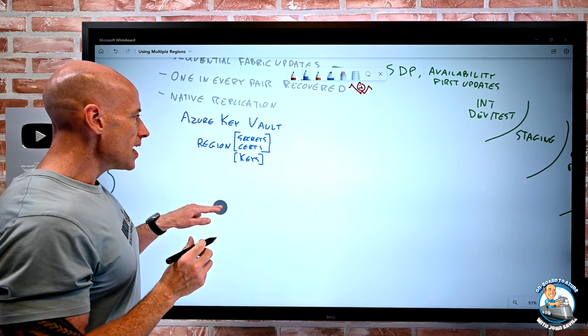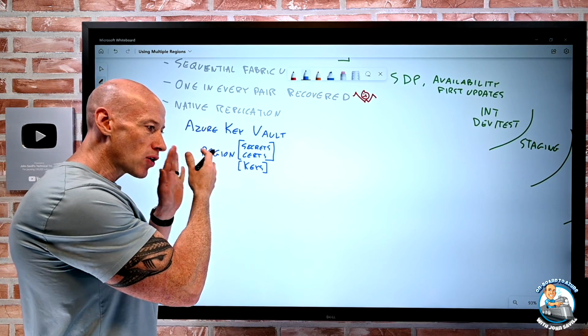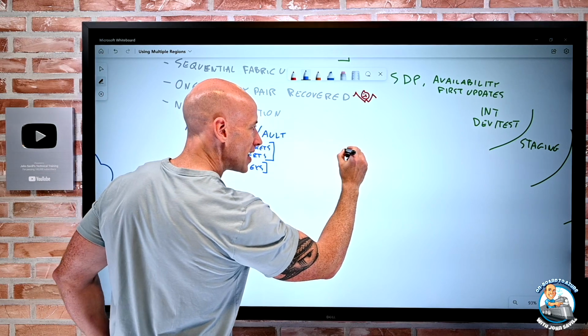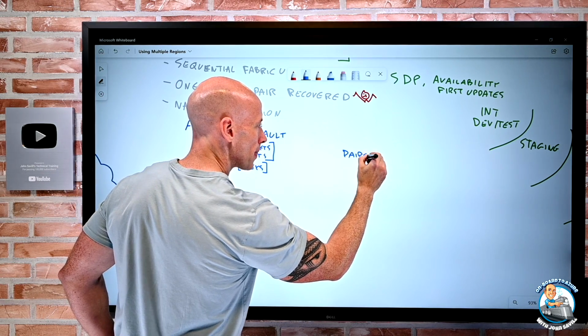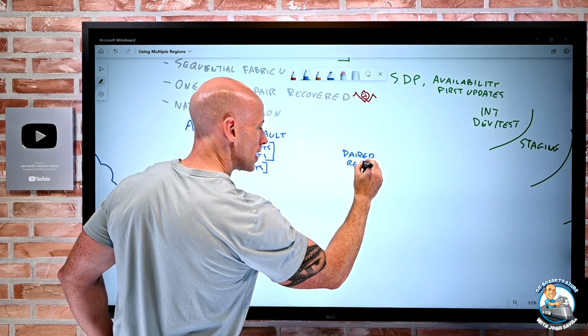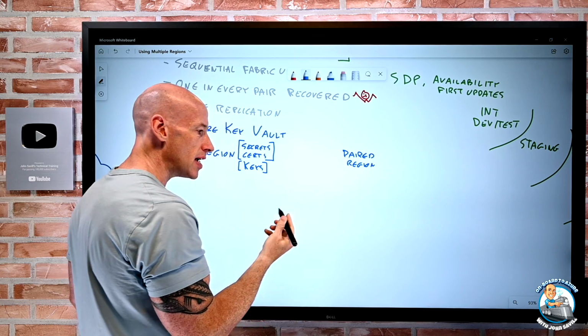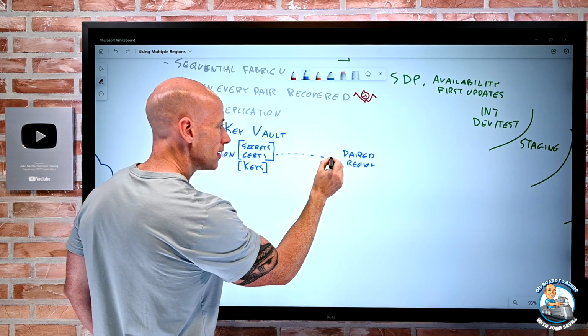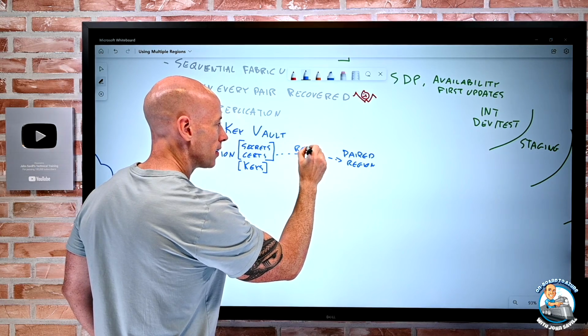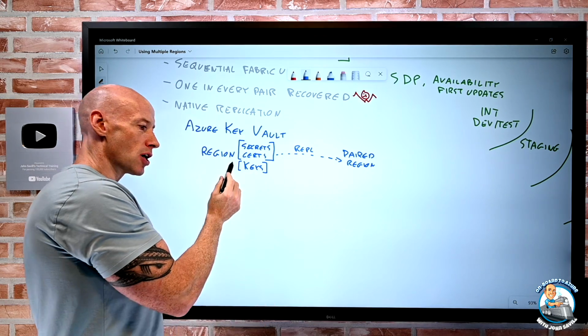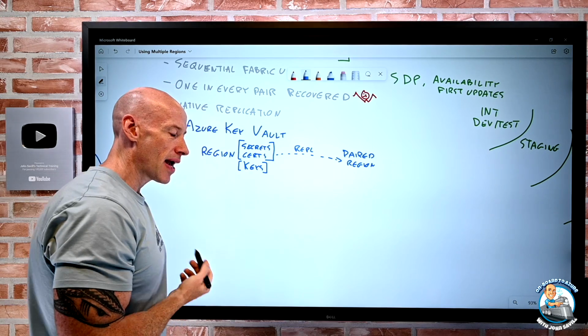So the idea here with Key Vault is there's the region I create the Key Vault in, and then we have the Azure paired region. And to that Azure paired region, yes, it's replicating. So the secrets, the certs, the keys, they replicate to that paired region.